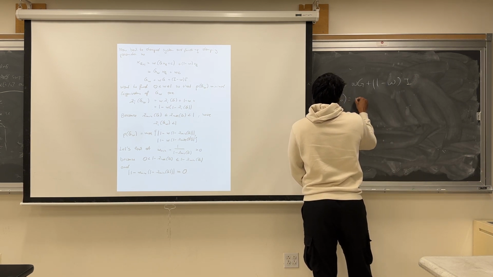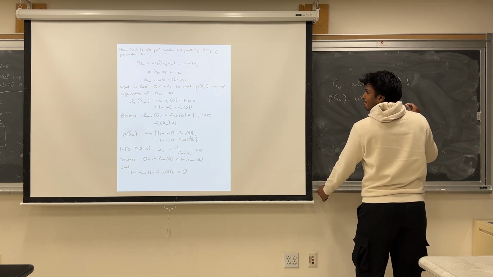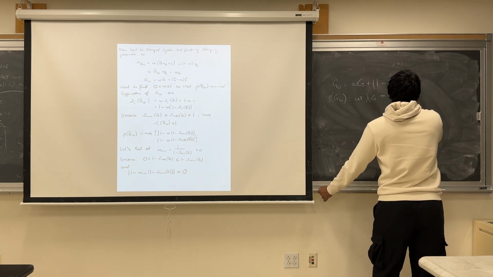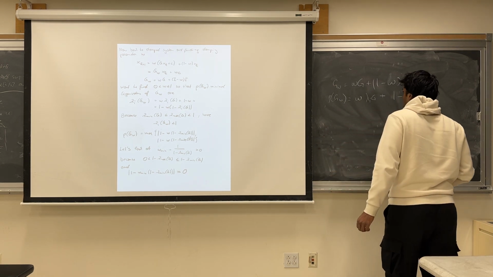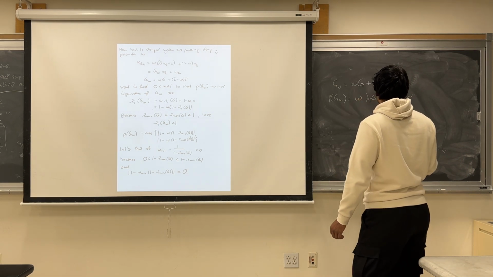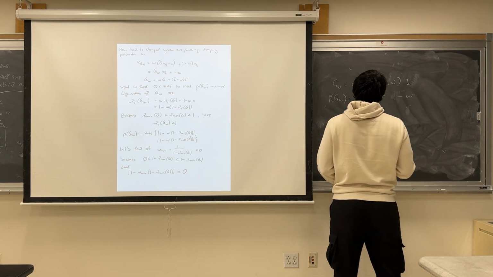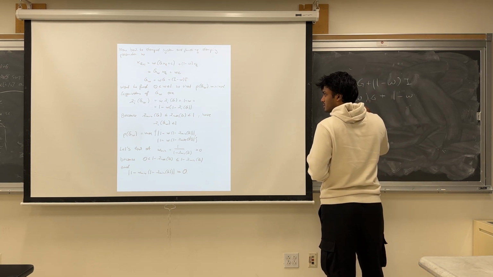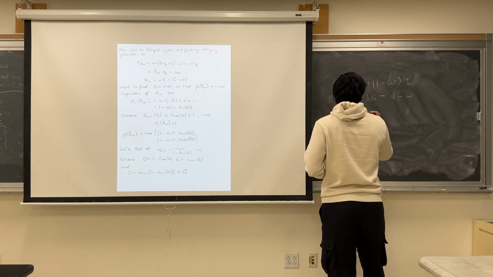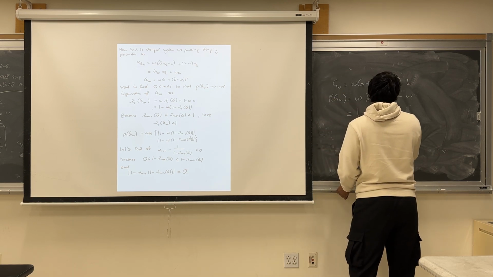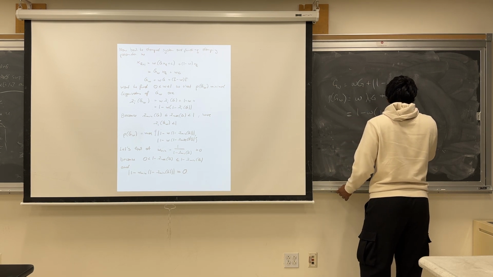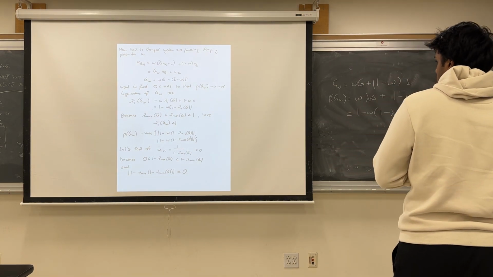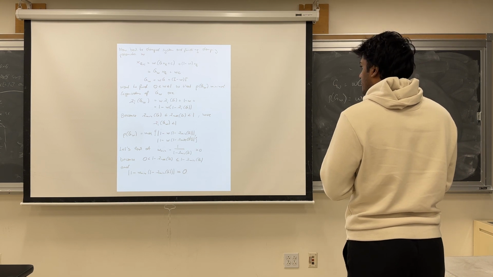The eigenvalue of G omega is omega times lambda_i of G plus 1 minus omega, which becomes 1 minus omega times (1 minus lambda_i of G). These are the eigenvalues of my new matrix.